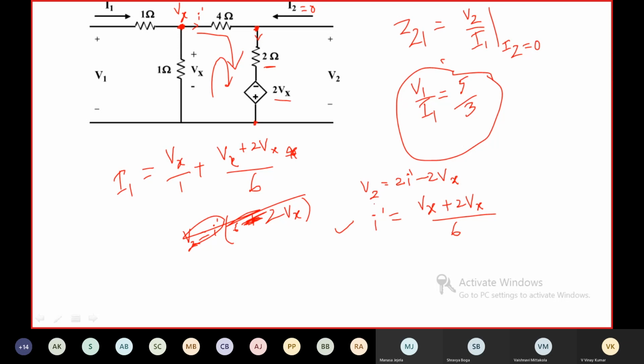Then we get I dash is equal to 3Vx by 6.